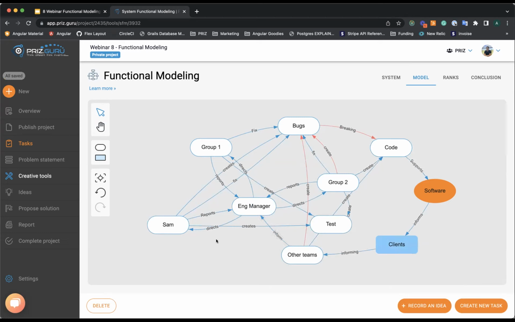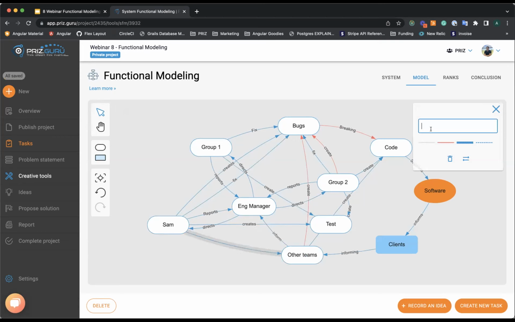Okay. Now, Sam, being very mature in the company for a long time, knows every in and out of the company. He helps other people, other groups. So he helps them, let's say, train and support the other teams, because the other teams are outside of the box of the product that we're talking about.